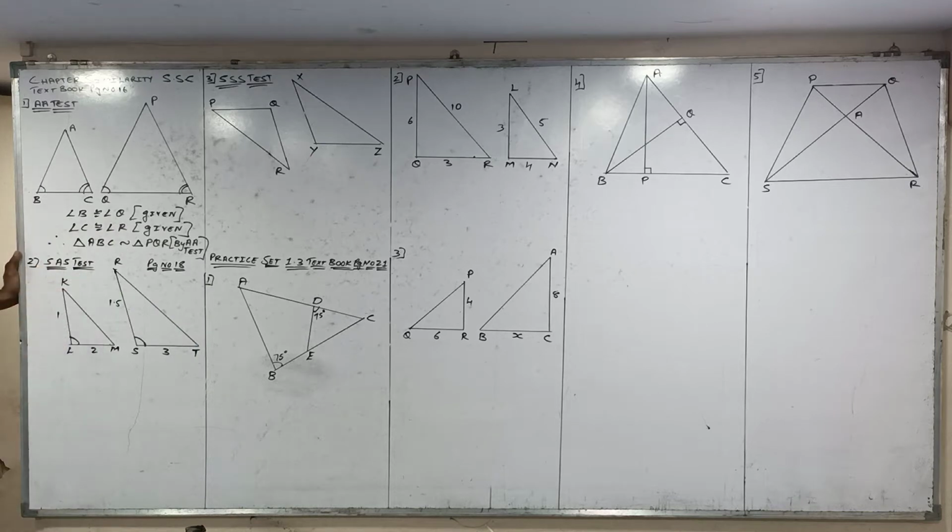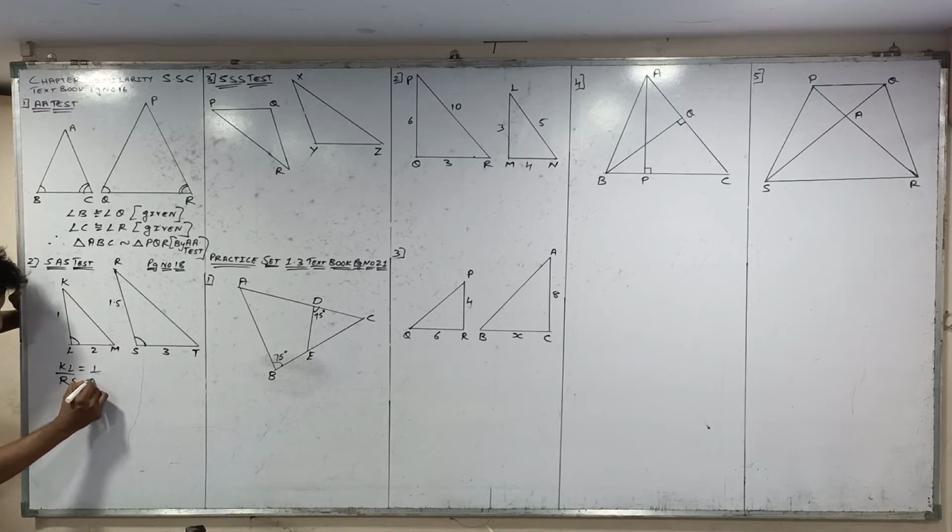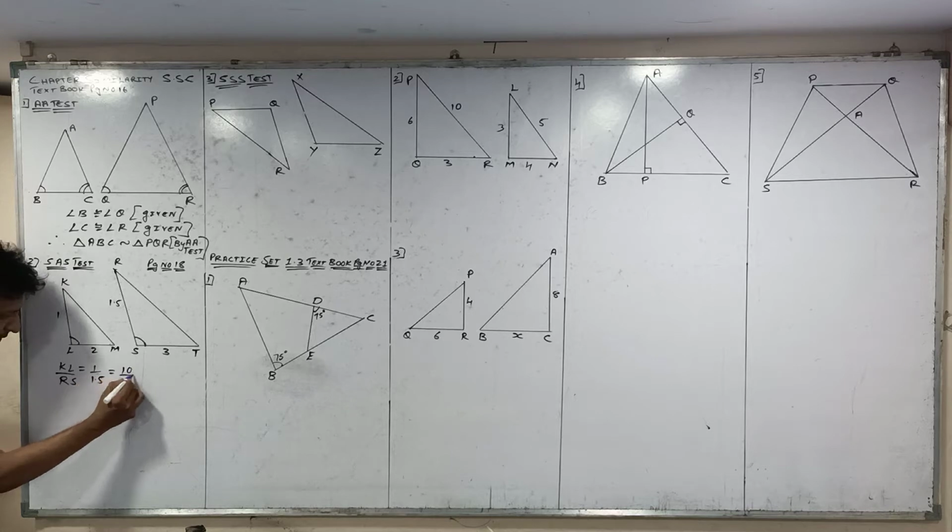Now come to this second test, SAS test. See, take KL and RS. KL is 1 and RS is 1.5. Remove the decimal, then take 0 up, so 10 upon 15.